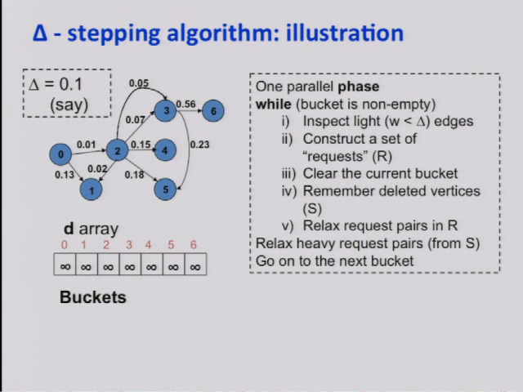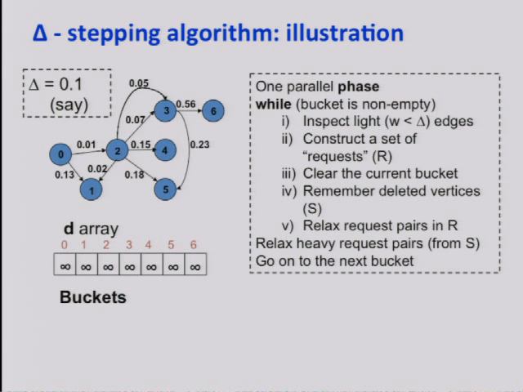So here's how the algorithm works. Let's assume that we choose delta to be 0.1. First, from our starting vertex 0, we're going to inspect all the edges and mark them as light or heavy. Light means its weight is less than delta. If it's heavy, it means its weight is more than delta. So what delta means, we're going to construct buckets. Each of them contains distances of delta size. So the first bucket is going to contain all the vertices that are within 0.1 of the source vertex.